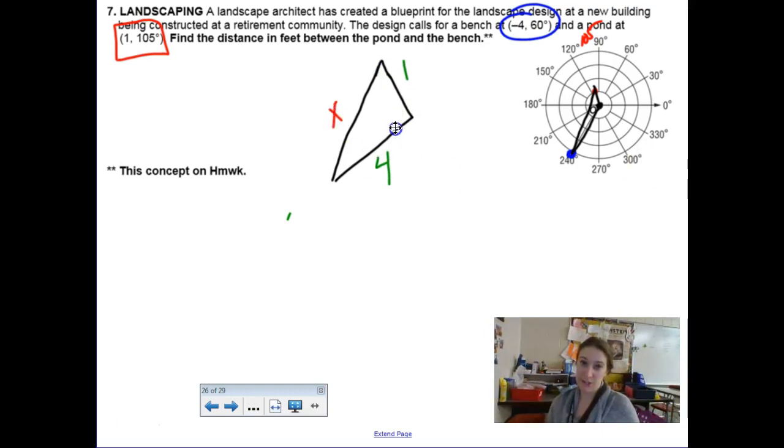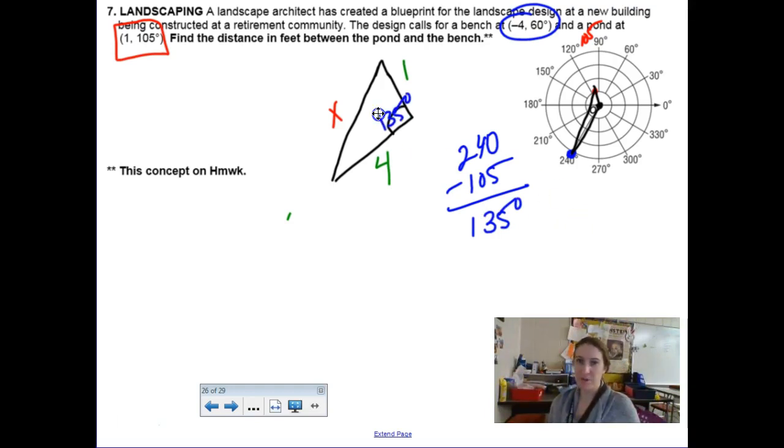Now, this is not a right triangle, so I'm wondering if we could figure out this angle here. And I'm pretty sure we could, because this is the angle 240, this is the angle 105. So that included angle is just the difference between those two. So I'm going to subtract 240 minus 105 and get 135.